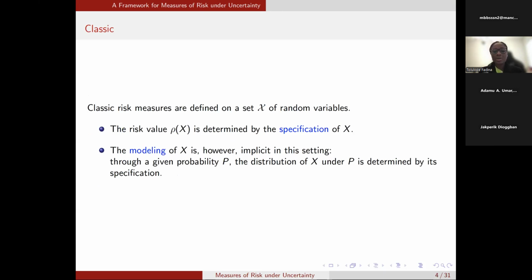When we think about risk measure, you first think about the specification of X. Specification of X basically means, what does X stand for in this case? Is it your portfolio risk? Is it credit risk, insurance, interest risk? But in this case, we assume that X is just a portfolio risk, which is just the potential loss or gain that you have in a portfolio. And then the modeling of X basically talks about the distribution of the loss random variable.